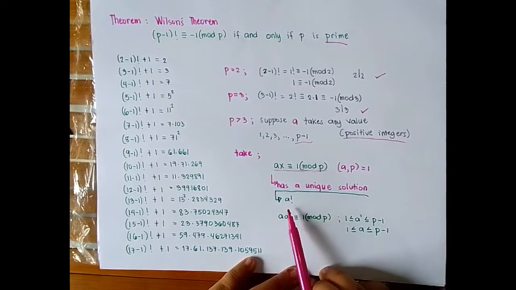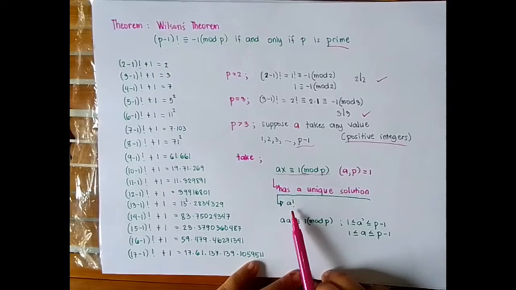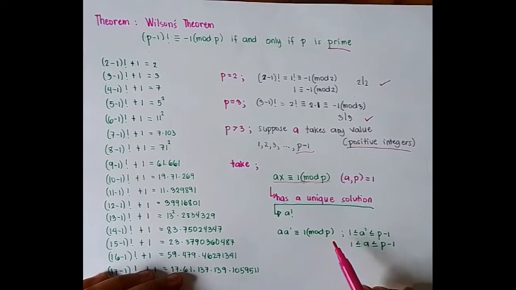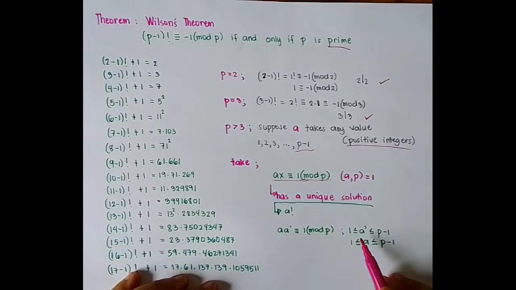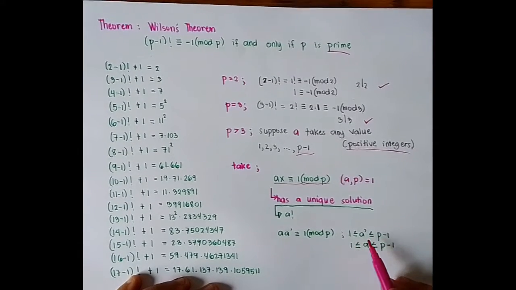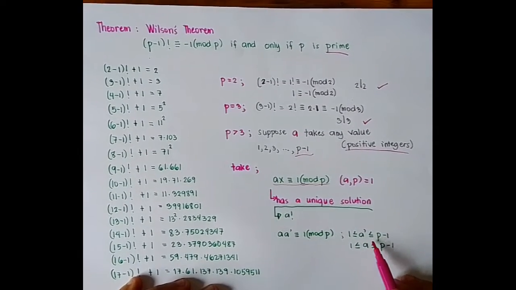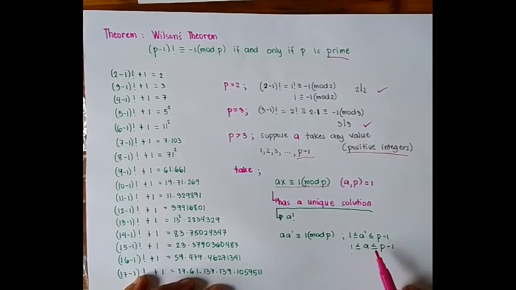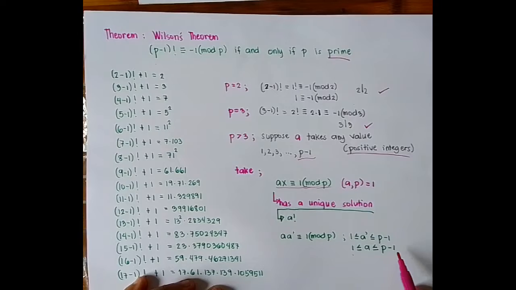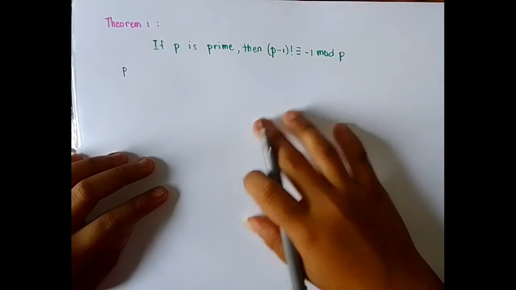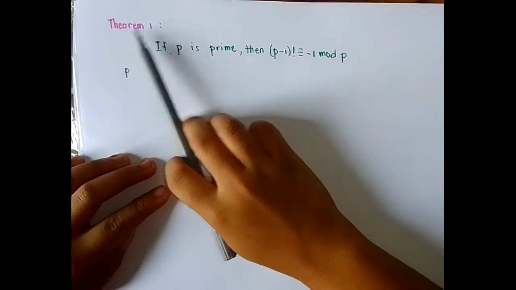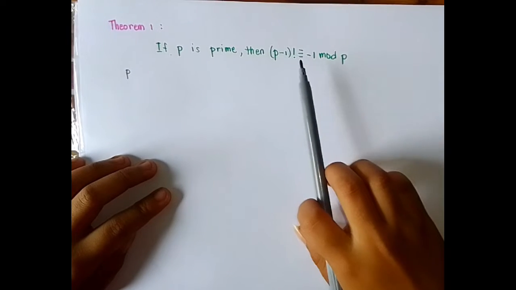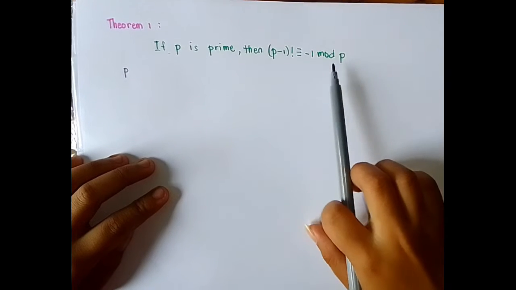A times a prime is equivalent to 1 mod p. Therefore, a prime is greater than or equal to 1 but less than or equal to p minus 1, and a is greater than or equal to 1 but less than or equal to p minus 1. So we have here Theorem 1: if p is prime, then (p minus 1)! is equivalent to negative 1 mod p.